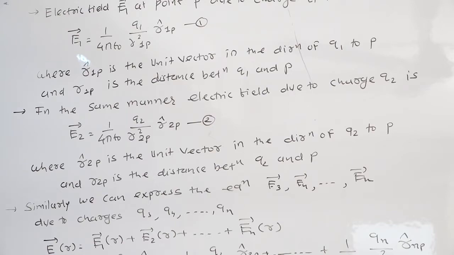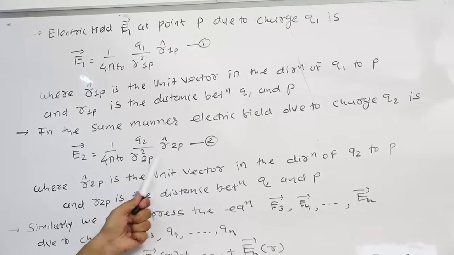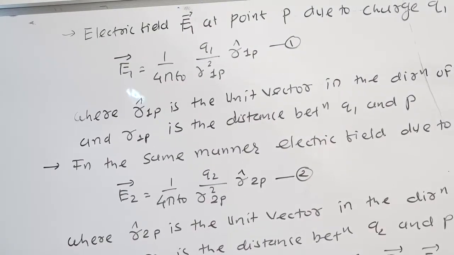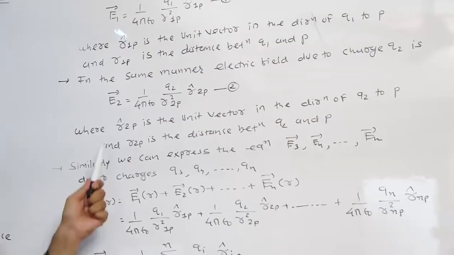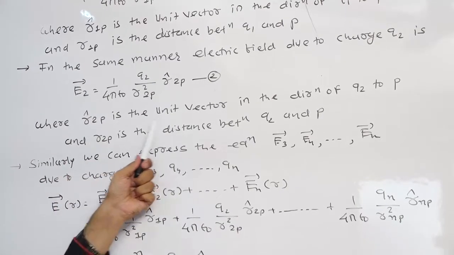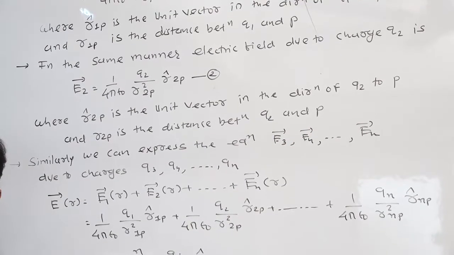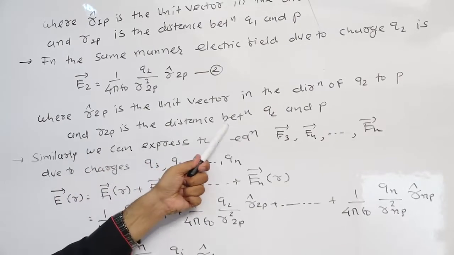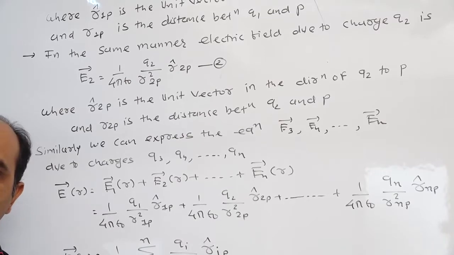Student, small changes take place: in place of 1, we write 2, as it is the electric field due to the Q2 charge. Again, R cap 2P is the unit vector in the direction from Q2 to P, and R2P is the distance between Q2 and P.